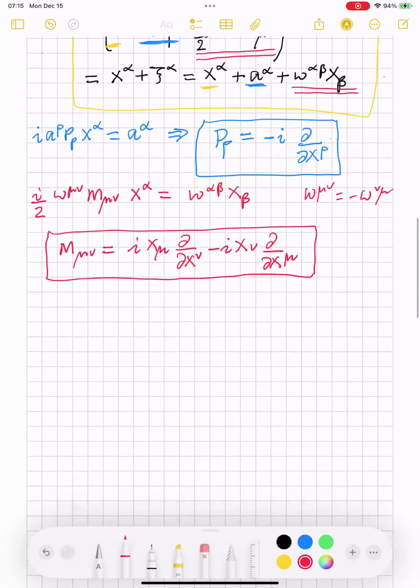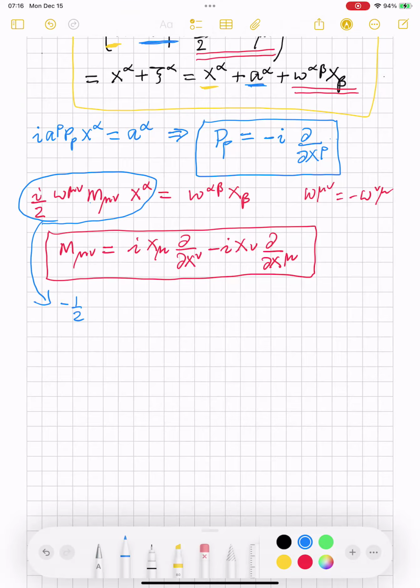And now let's check and see if this makes sense. I'm going to multiply i over 2 omega mu nu M mu nu onto x alpha. So I'm taking this expression over here, and I'm just going to plug M mu nu in. This i over 2 times the i gives me a minus 1 over 2.